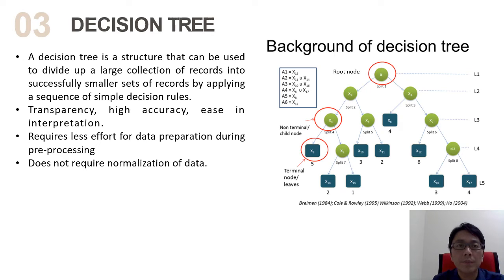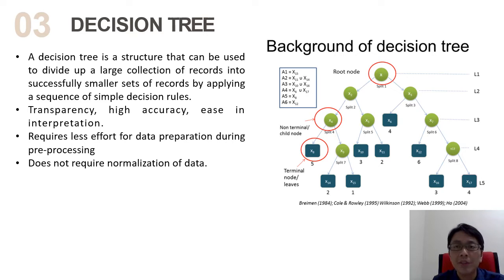The predictive modeling that we are going to use in this research is the decision tree model. A decision tree model is a structure that can be used to divide a large collection of records into successively smaller sets of records by applying a sequence of simple decision rules.